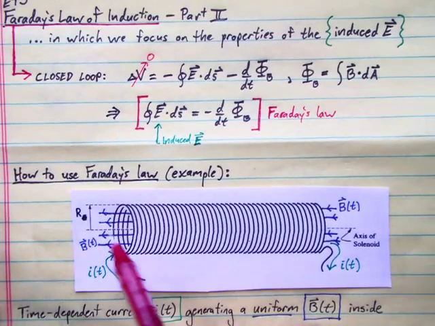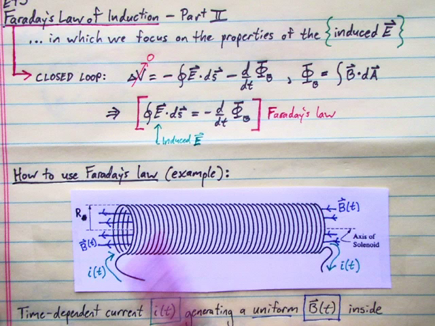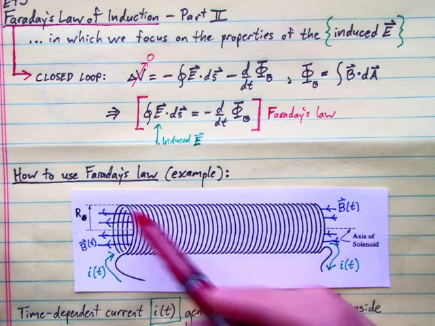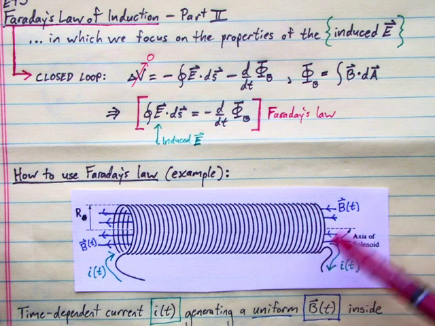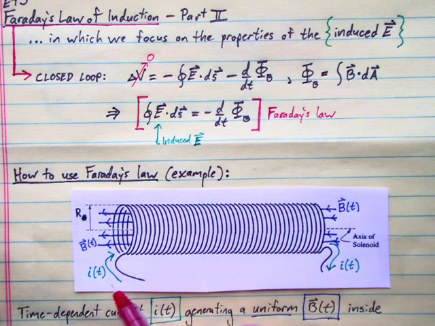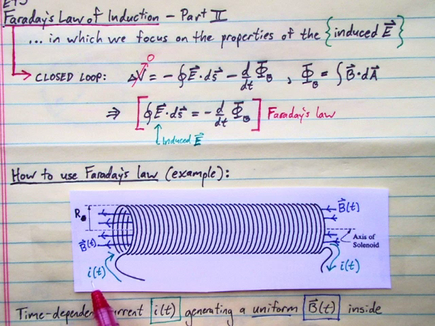So consider a solenoid here with a current coming in this direction, looping many, many times around that coil, and current coming out there. Let's let this little current be a function of time.